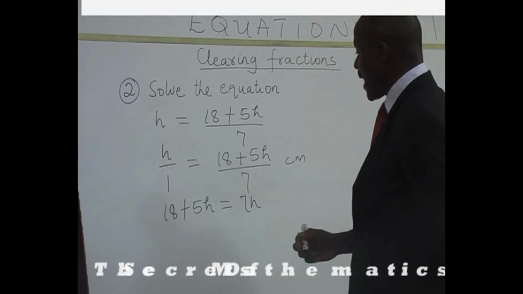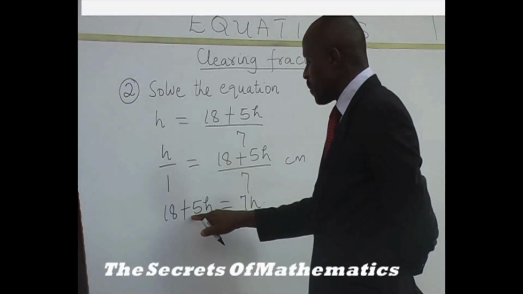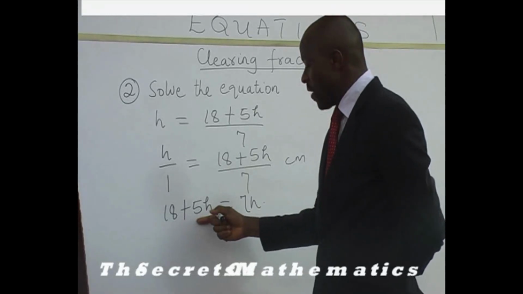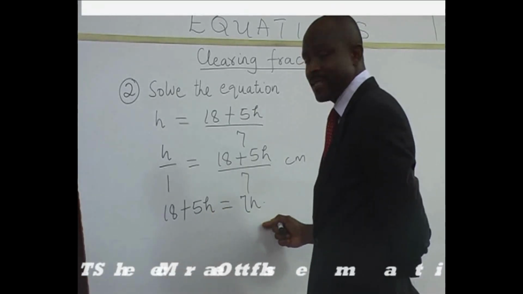We are going to collect like terms. Subtract 5h from both sides so as to remove 5h from the left hand side and take it to the right hand side.